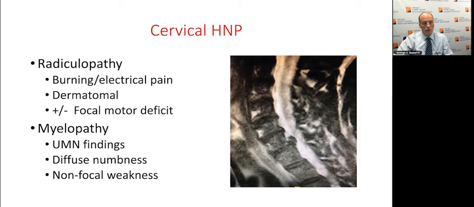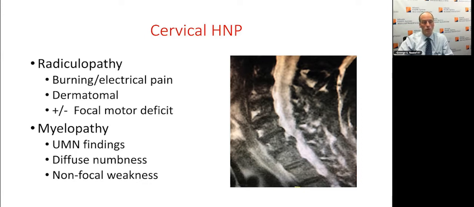So the next degenerative or acquired disorder, cervical disc herniation, or HNP. When you herniate a disc, it can herniate off to the side and do nothing. It can herniate into a nerve root where you get a radiculopathy or a pinched nerve. Pinched nerves usually present with burning electrical type pain.